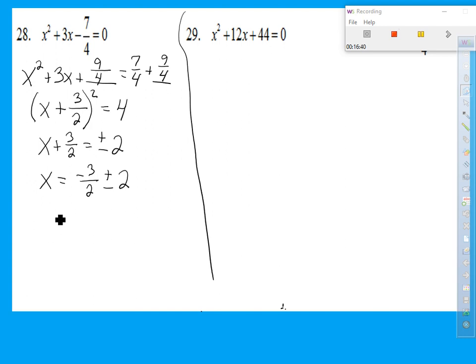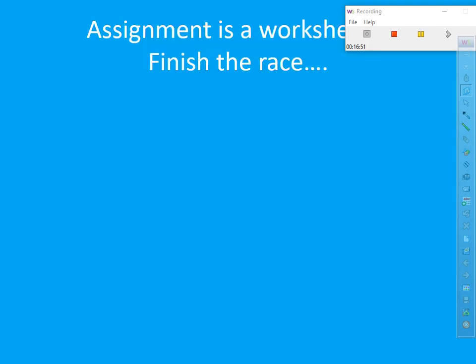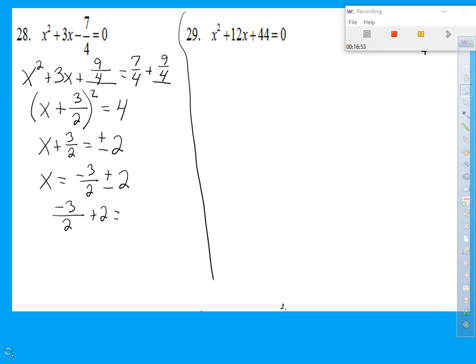To get your two answers, guys, let's go negative 3, fraction key 2, not divided, but fraction key, plus 2 equal. And you're going to get 1/2. And then let's go negative 3, fraction key 2, minus 2. And you'll get negative 7/2. I would also take 0.5 and negative 3.5 because those are nice clean decimals.